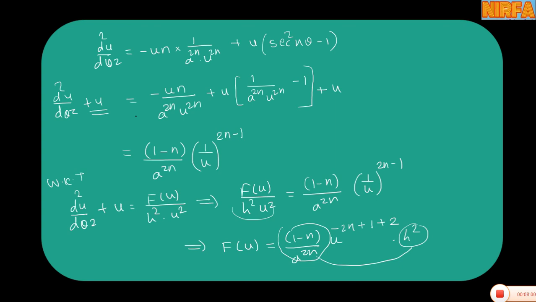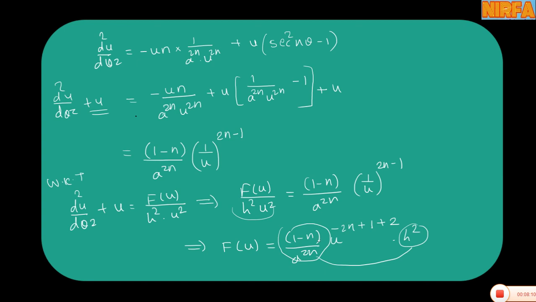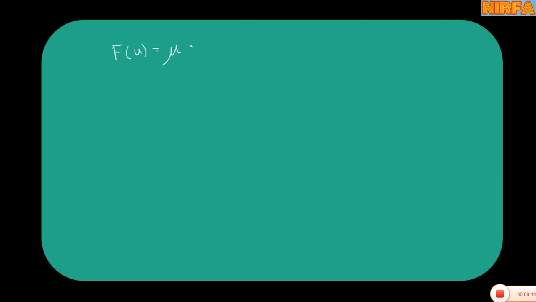Then we will get the answer: f of u is equal to mu into u raised to minus 2n plus 3.